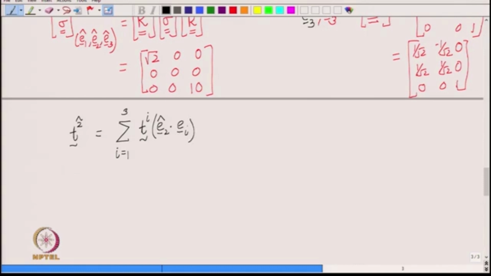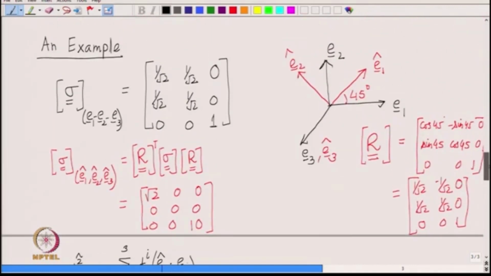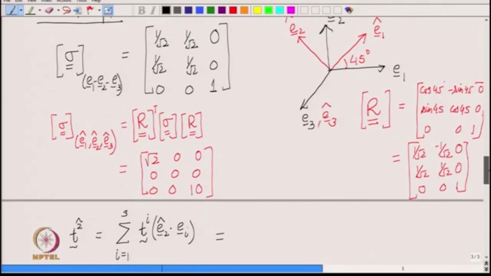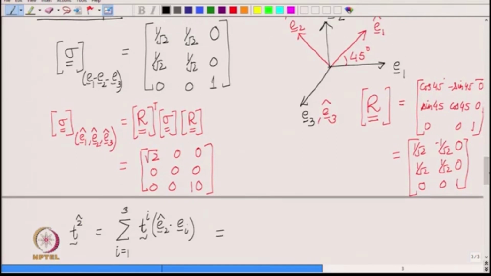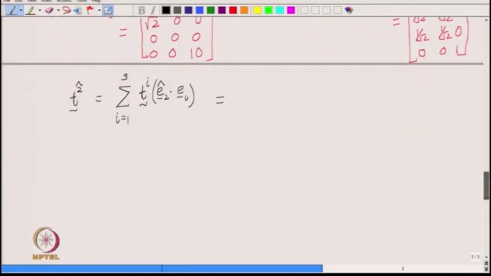Now, this is again a vector equation. Let us try to write this down in the E 1, E 2, E 3 coordinate system. So, if you do that, we have 3 summations here. First one, for I equal to 1, we have T 1. Now, how does T 1 look like? You have to go to sigma matrix. The first column of sigma matrix is T 1, which is 1 by root 2, 1 by root 2, 0, right.